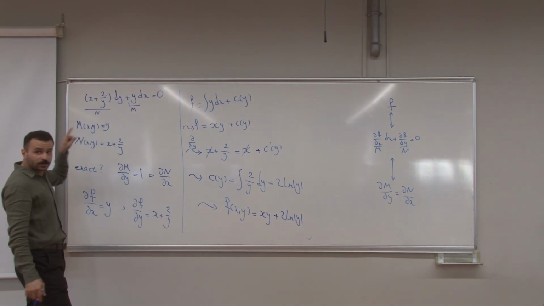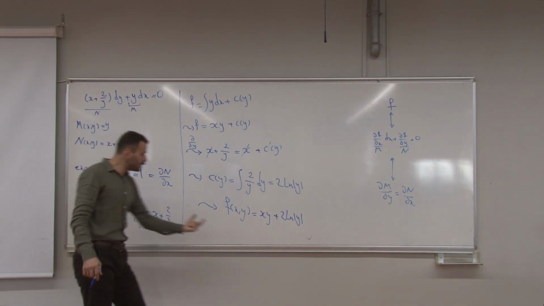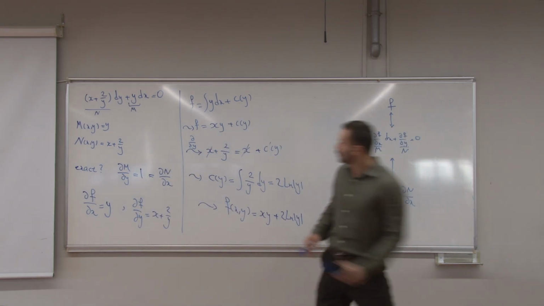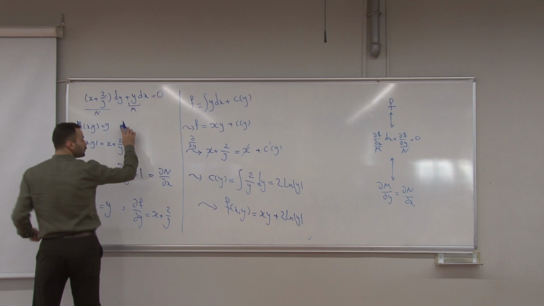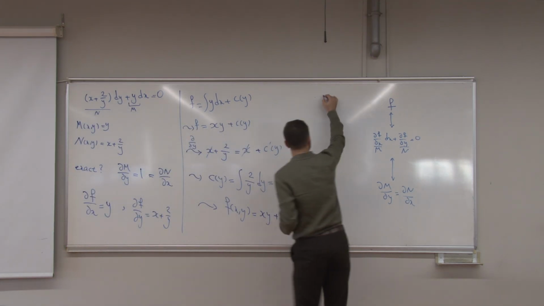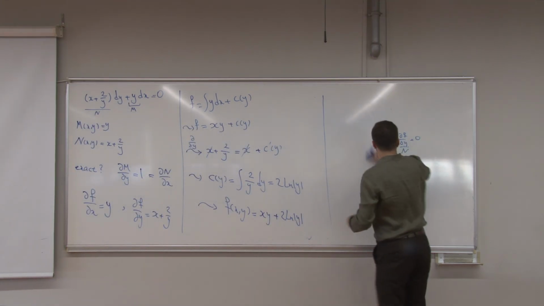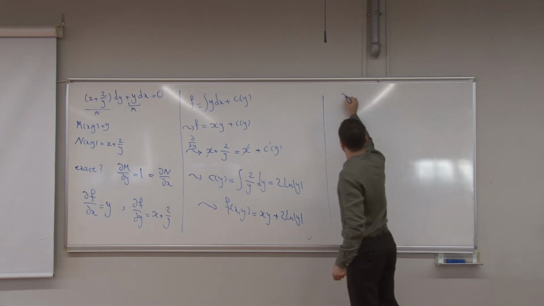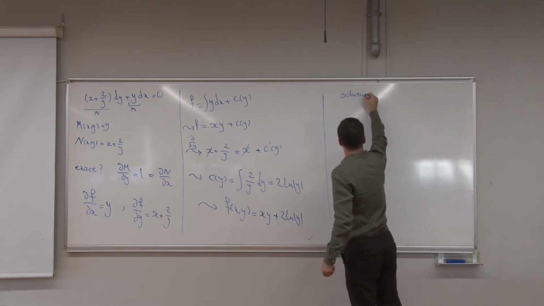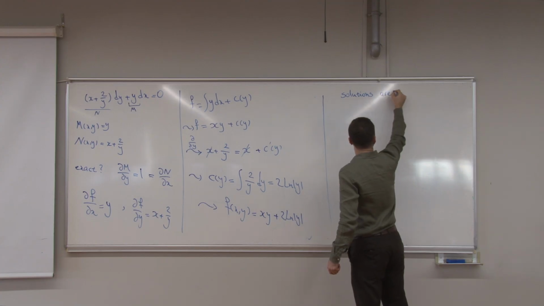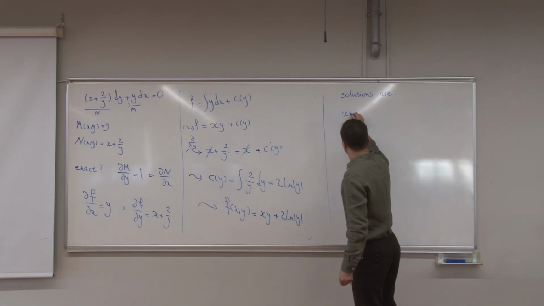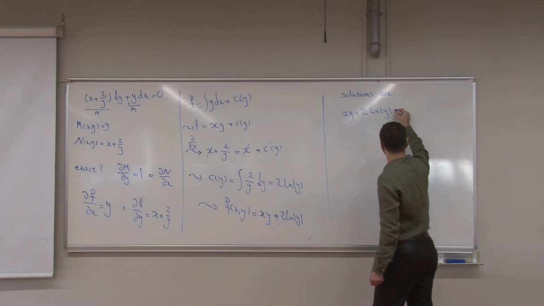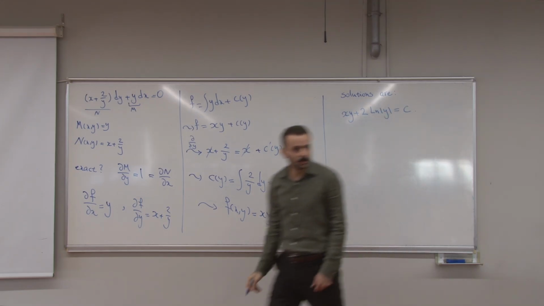So the solution for this equation is going to be the level curves of this function, which means that solutions are xy plus 2 times ln of absolute value of y equal to c. Done.